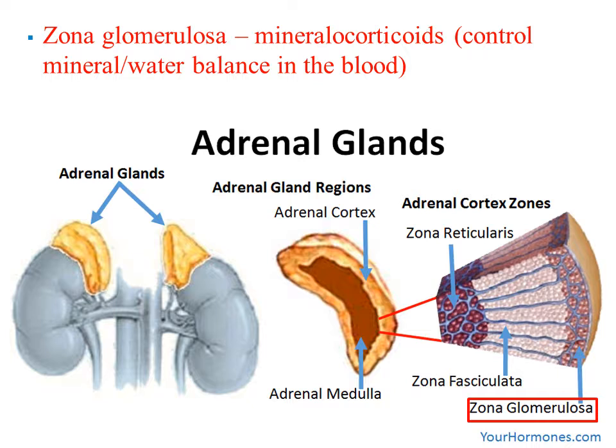So therefore, if you have an imbalance of mineral deposits or an imbalance of water in your blood, it could be an adrenal gland issue, or it could be you're not consuming enough cholesterol to adequately supply these mineralocorticoids.